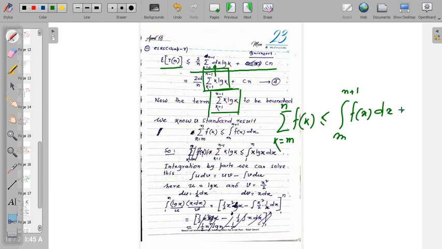Integration is nothing but some kind of summation. Whenever this summation term is introduced, the life became miserable.